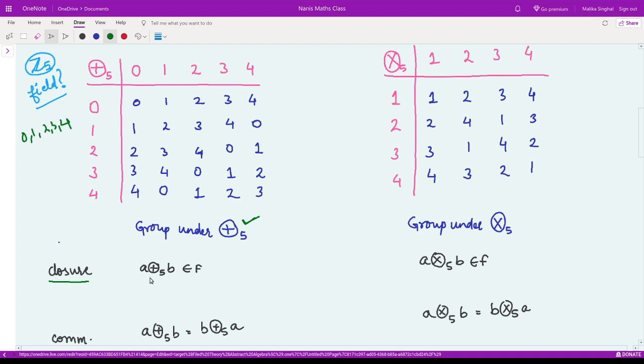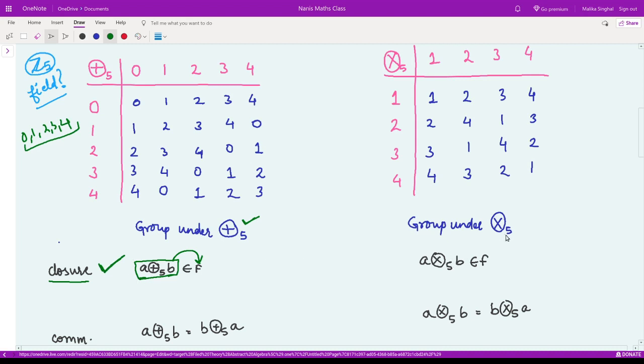Therefore, whenever we take any two elements from the set F and apply addition mod 5 to them, the answer again belongs to the set F. So the closure property here is satisfied.